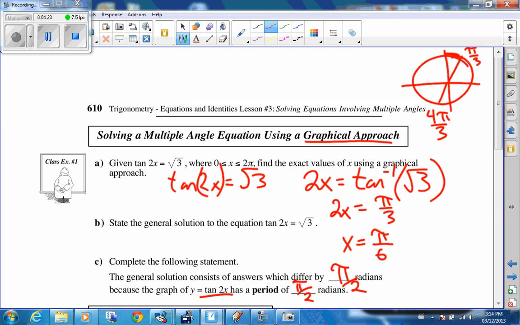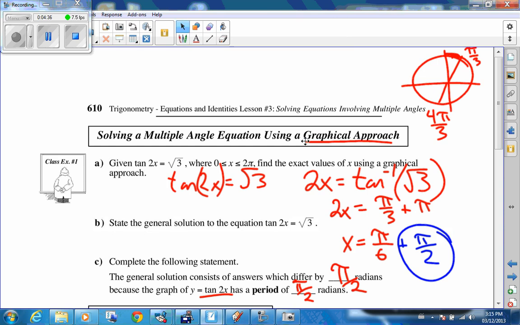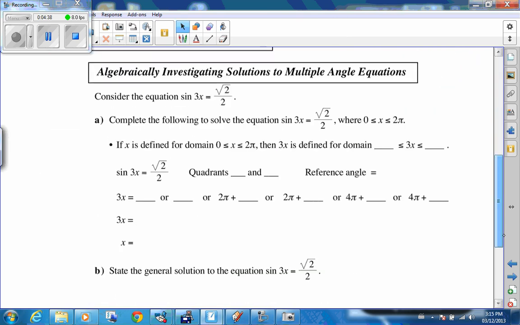And again, I can say this is pi thirds plus pi, and when I divide both sides by 2, this becomes pi sixths plus pi halves. So there's my algebraic solution. You can see the same thing right here.